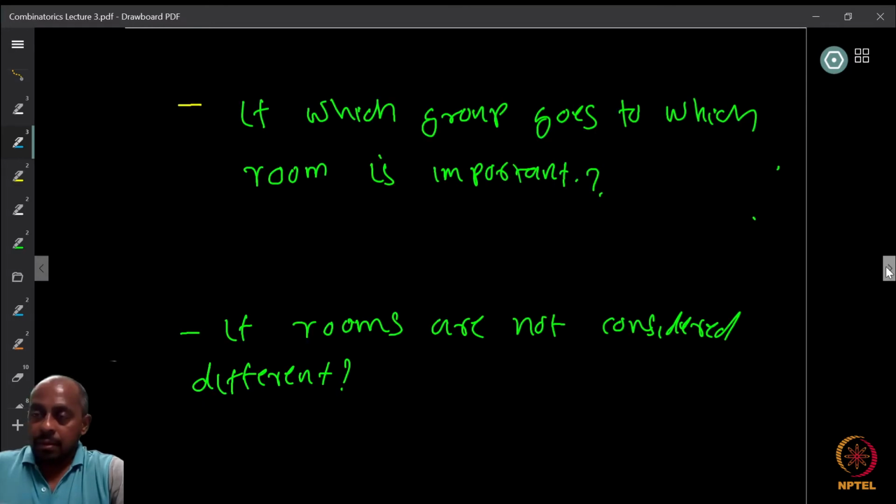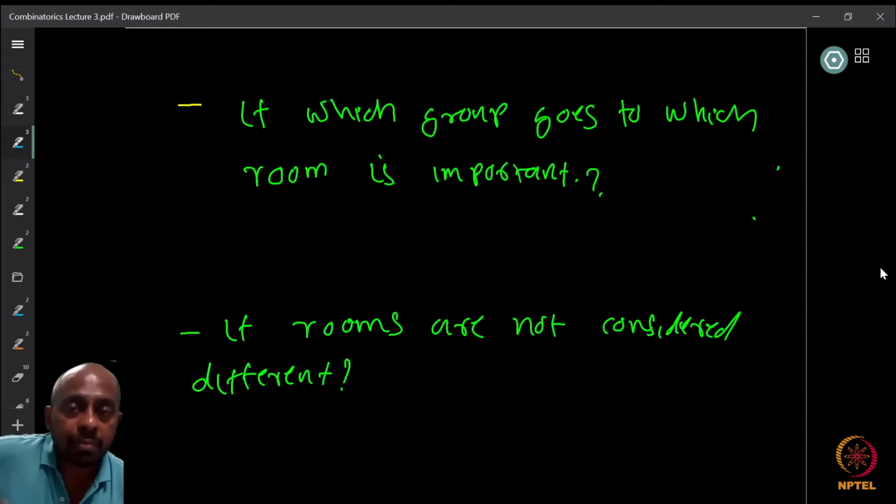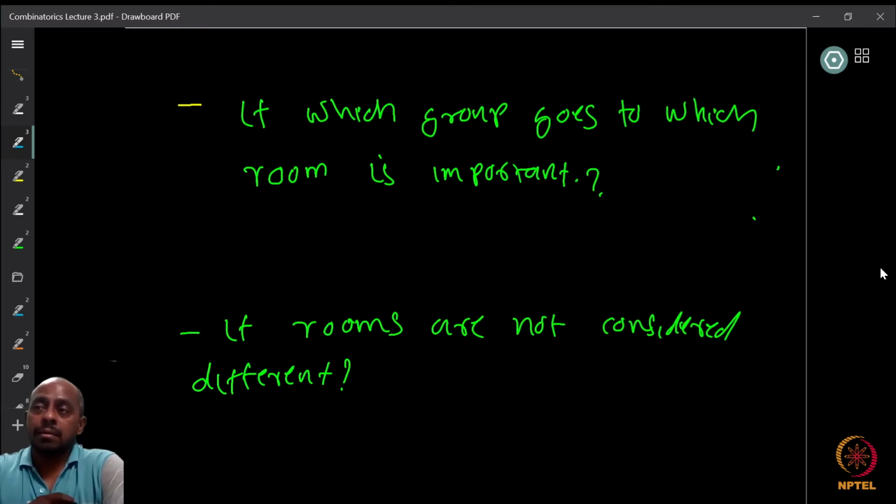Both of them can be interesting questions, so we want to look at both of them. What happens if which group of children goes to which room is important, and what happens if the rooms are not considered different? That is, which group goes to which room is not important, but what kind of groups are formed is the only interesting part.